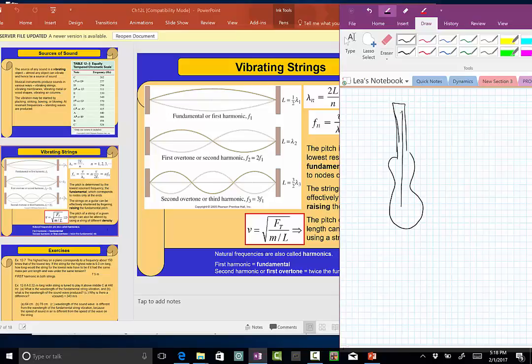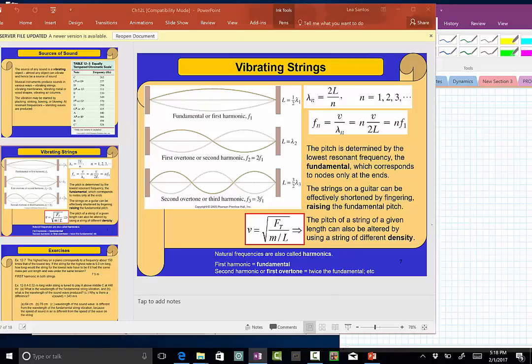What the musicians sometimes do is put their finger at a point of the string. So what are they trying to do when they do that? Well, when they put their finger here, the string, instead of having the whole length, has now a shorter length. What does that mean?